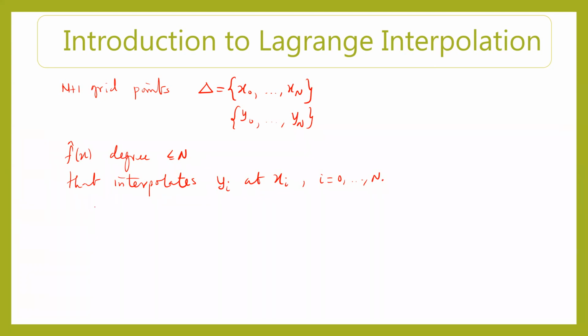And basically, it is the interpolation that is given by this formula, the sum for i from 0 to n of yi li of x, where li of x is a basis function.